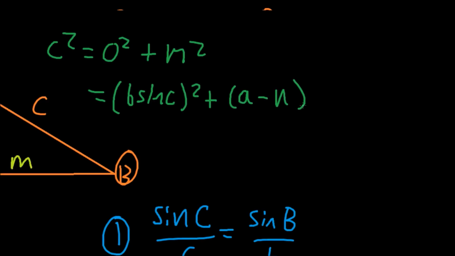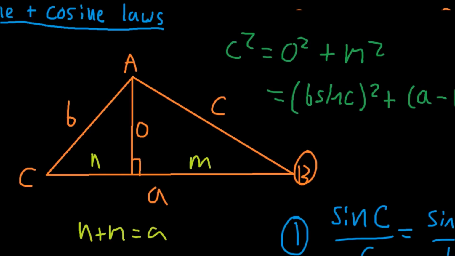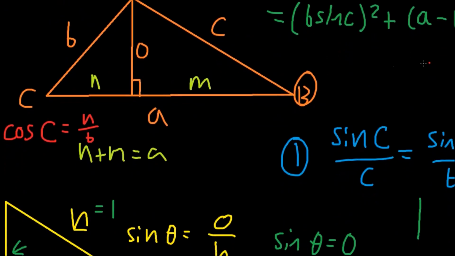What can we make from N though? Because when we look at N, the cosine of angle C equals N over B. Or another way to write that down, we solve for just N, that N equals B cos C.